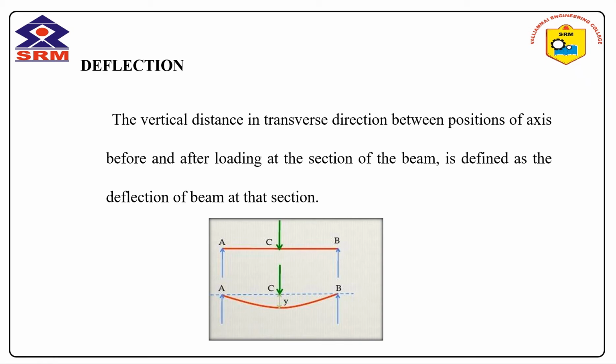That is, when a structure is loaded, may it be a beam or slab, due to the effect of loads acting upon it, it bends from its original position. After being subjected to the loading, it bends from the original position. That is, before the load was applied, it is the original position. It means the beam is deflected from its original position, and this is called deflection.